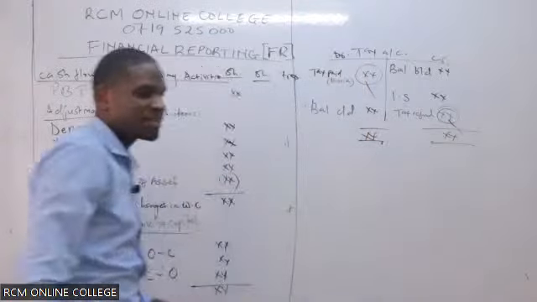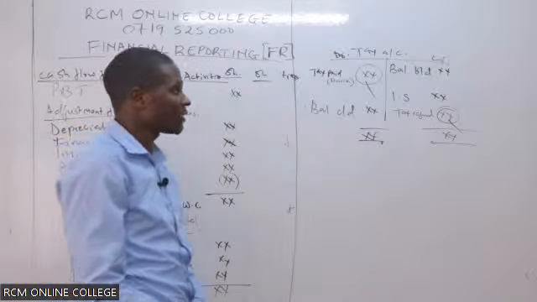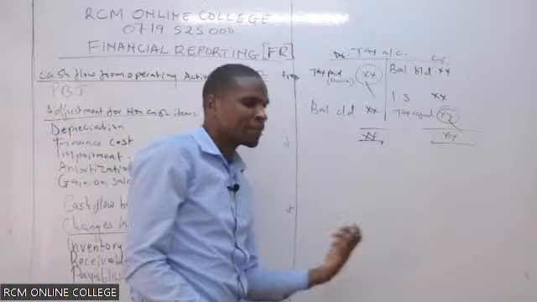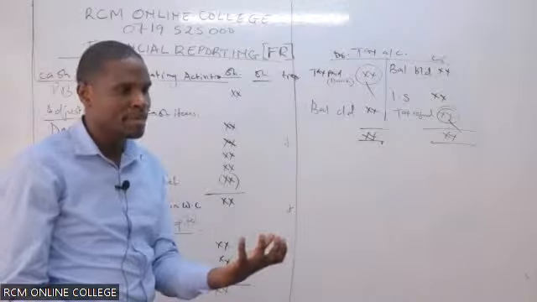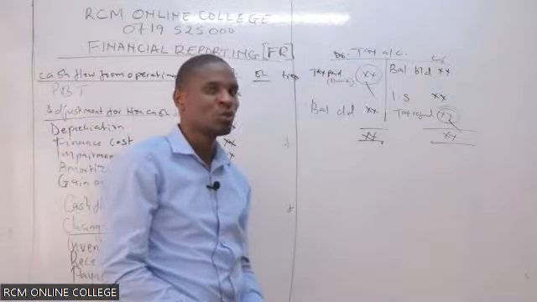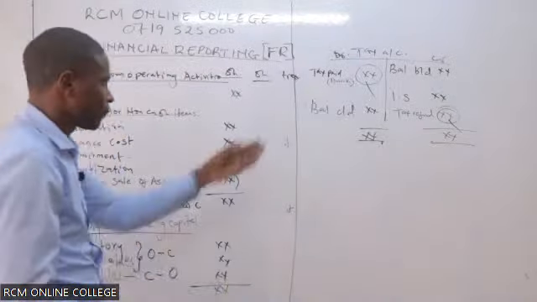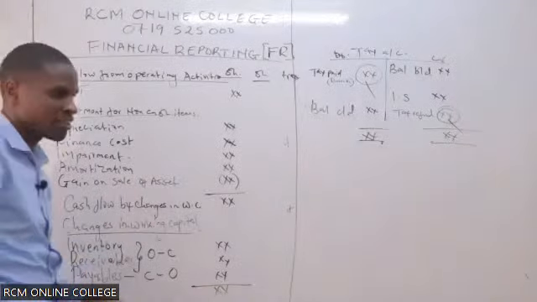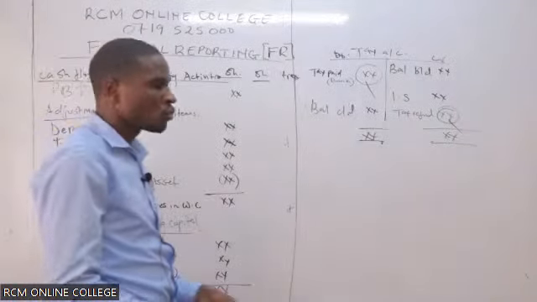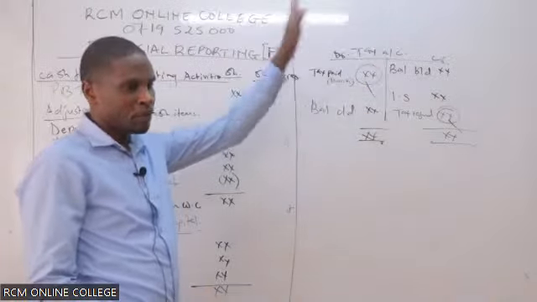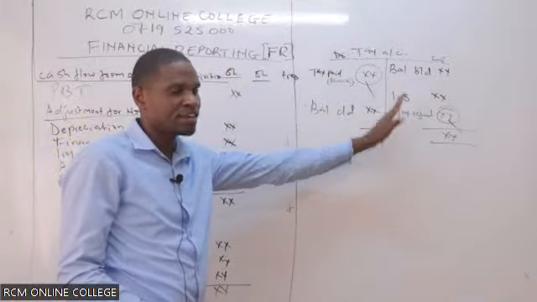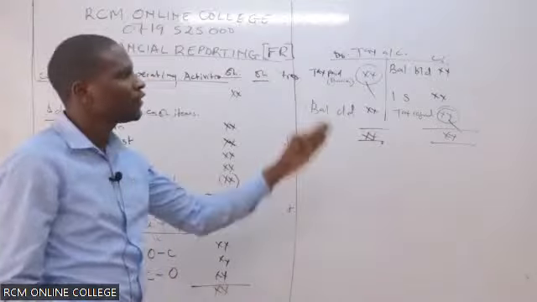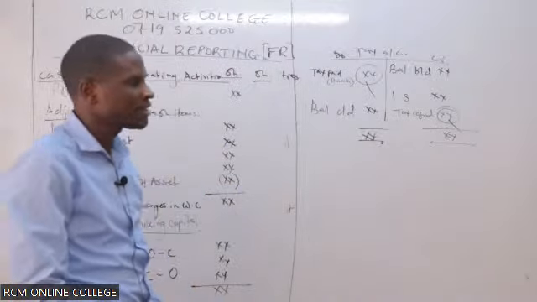Lakini lazima ufanye tax, lazima uifanyie working. Tax na grant, government grant, together with the PPE. Those ones you need to do the T account so that you're able to get the actual value. So you less tax, or you add, if it is a tax refund, you add it, then you less interest.